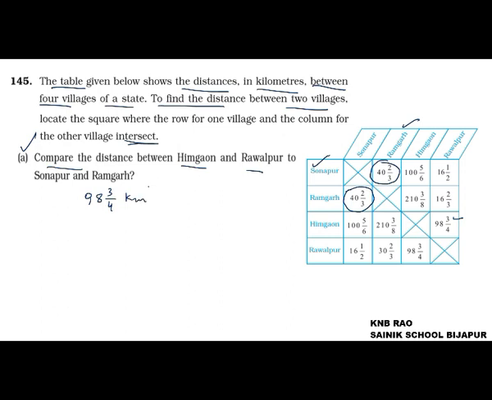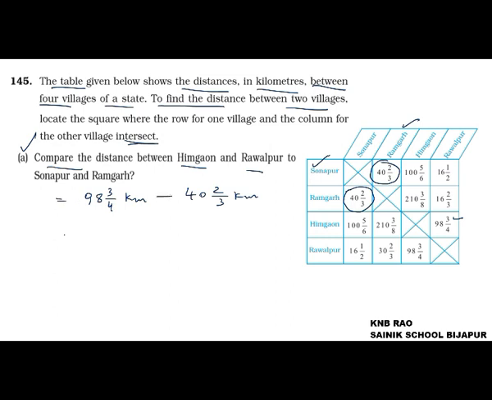So we are supposed to compare this with the distance from Sonapur to Ramgarh, that is 40 2/3 kilometer. We are asked to compare. Compare means which is bigger? Obviously 98 3/4 kilometer is bigger, and we are asked to find how much more it is.